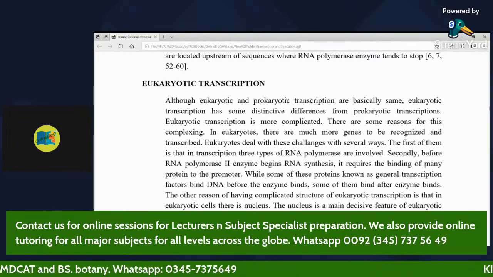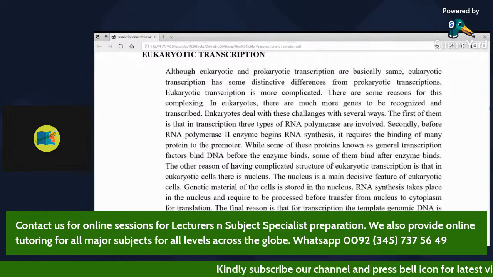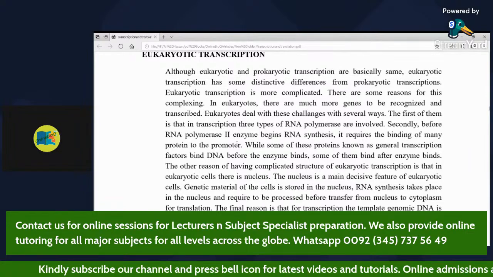Secondly, before the RNA polymerase II enzyme begins RNA synthesis, it requires the binding of many proteins to the promoter.